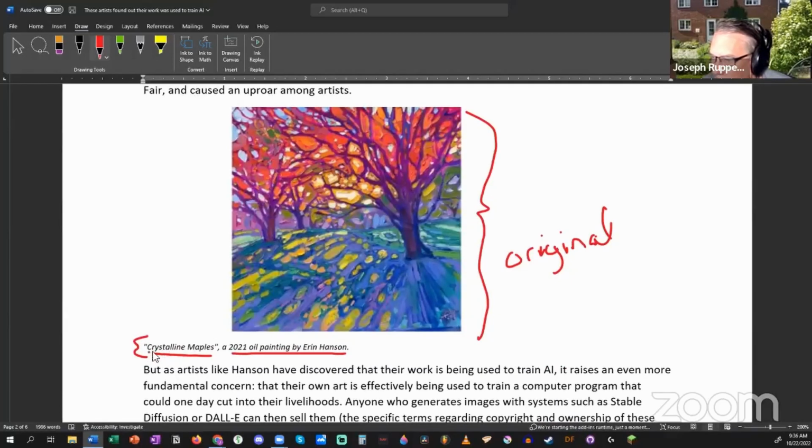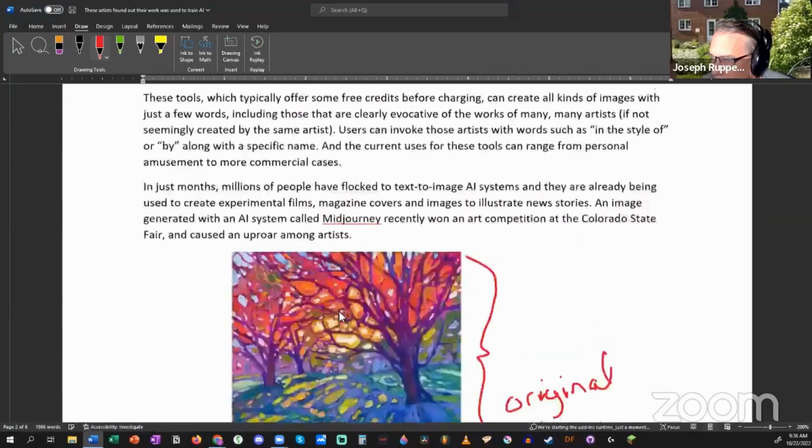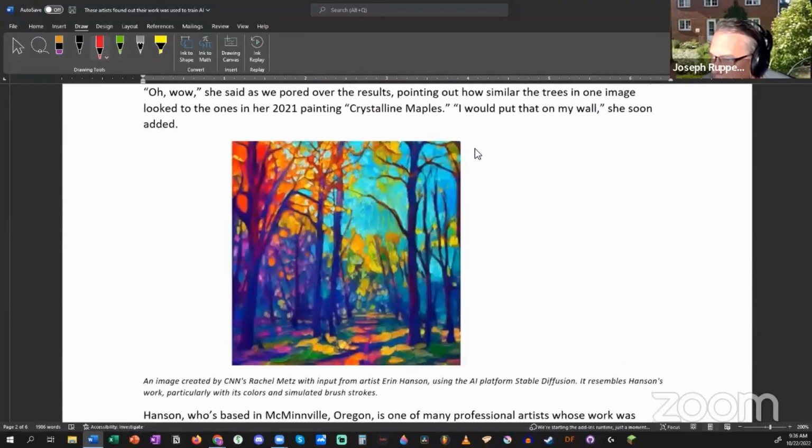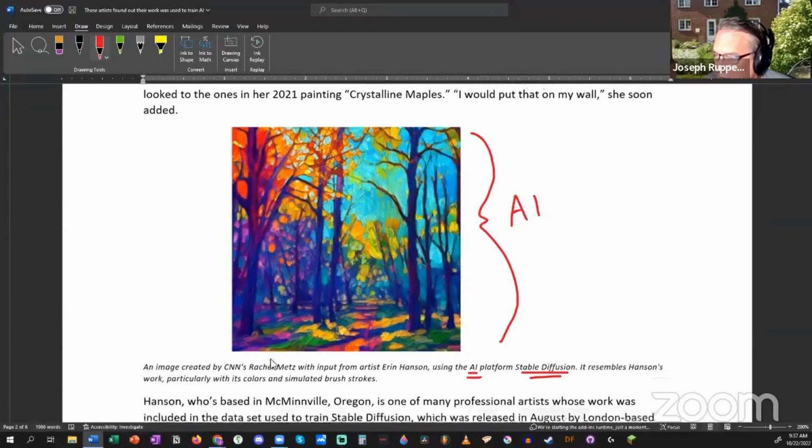So this is Crystalline Maples, a 2021 oil painting, as opposed to this thing right here, an image created by CNN's Rachel Metz with input from artist Aaron Hanson using the AI platform Stable Diffusion. So here we go, this is our answer there. It resembles Hanson's work, particularly with its colors and simulated brushstrokes. So this is created by the AI using that other artist.